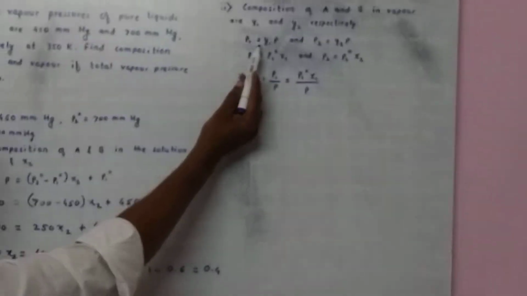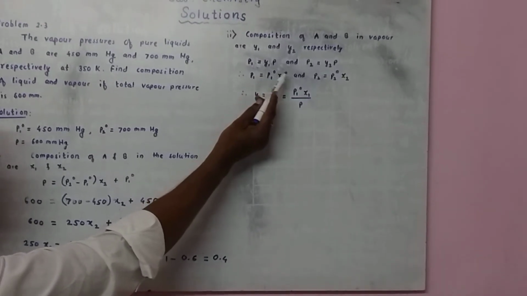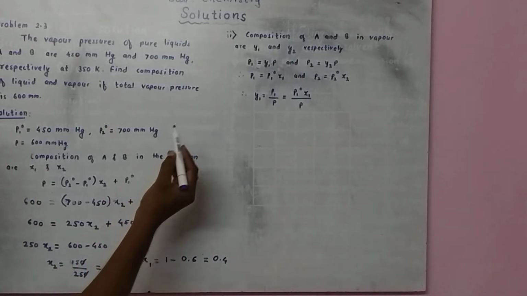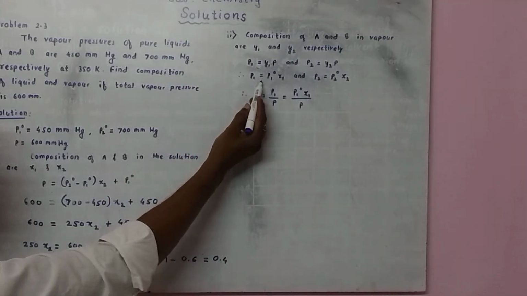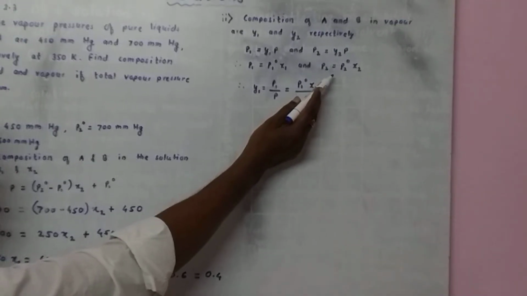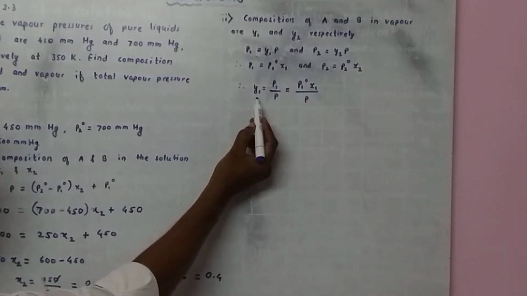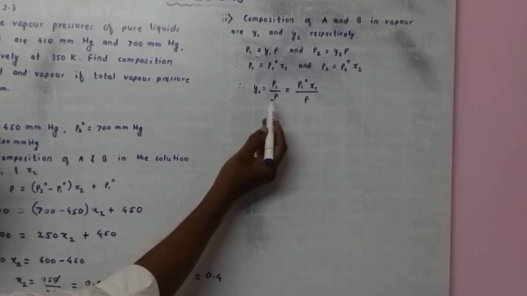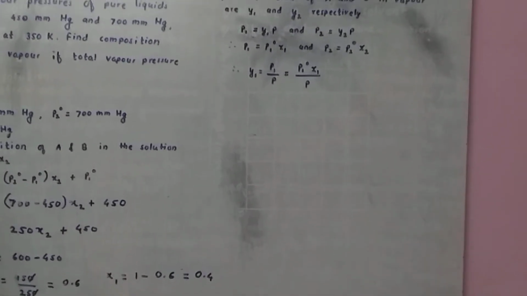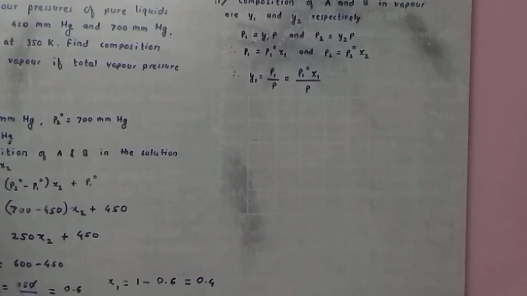So P1 equal to y1 into P and P2 equal to y2 into P. And then P1 equal to P1⁰ into x1 and P2 equal to P2⁰ into x2. So y1 equal to P1 upon P. And what is P1? P1 equal to P1⁰ into x1. So y1 equal to P1⁰ x1 upon P.